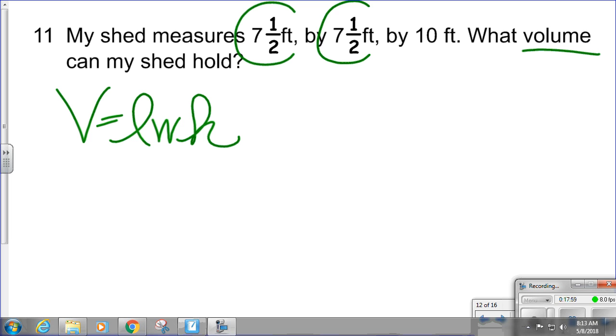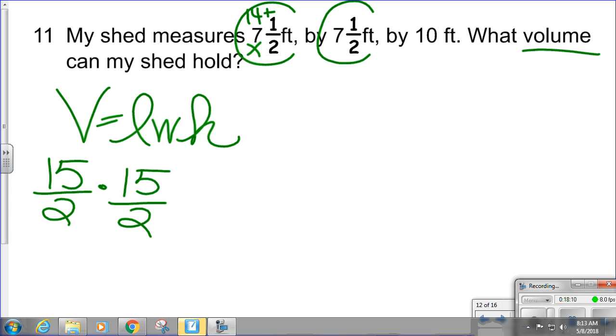Change these. 7 times 2 is 14, plus 1 is 15 over 2, times 15 over 2, times 10 over 1. This is asking the same thing as we already did in one other question with volume.